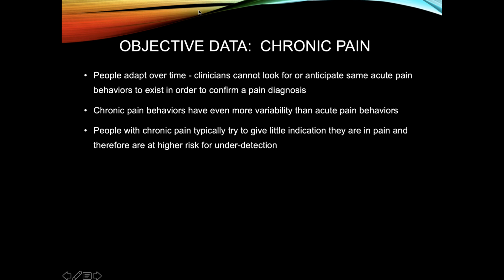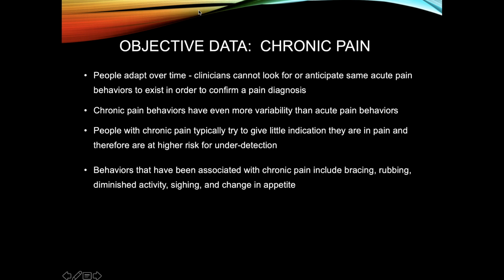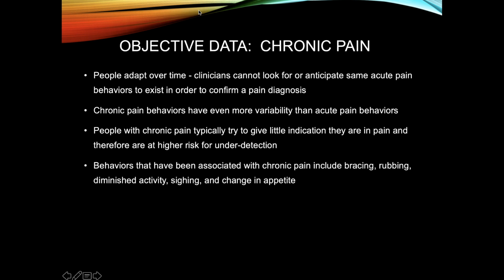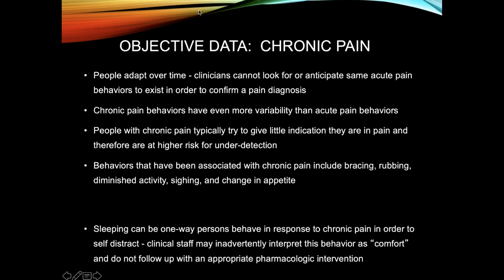People with chronic pain typically try to give little indication that they're in pain, and therefore they're at greater risk for underdetection. This is because they don't want to be labeled as a drug seeker. Behaviors that have been associated with chronic pain include bracing, rubbing, diminished activity, sighing, and a change of appetite. So these are all kind of quiet, trying not to draw attention to them.